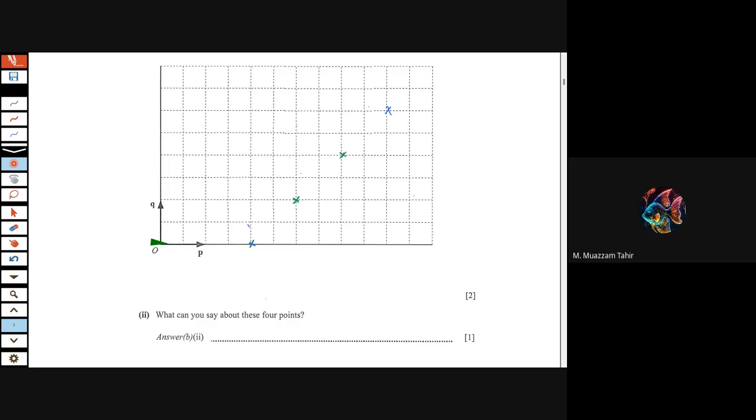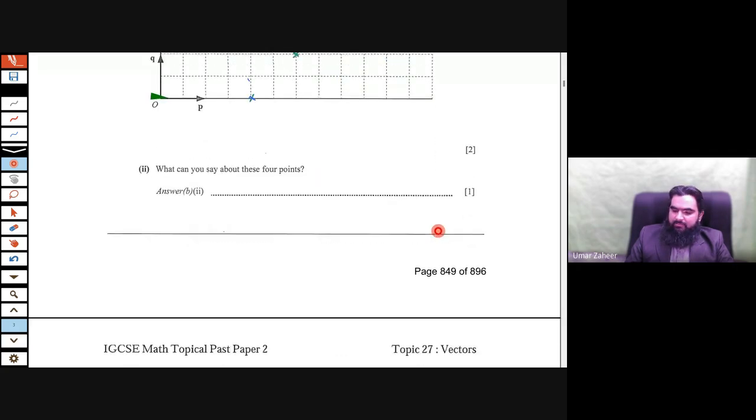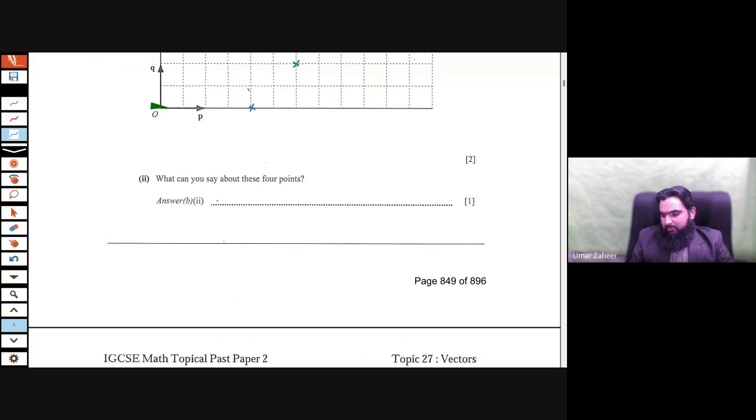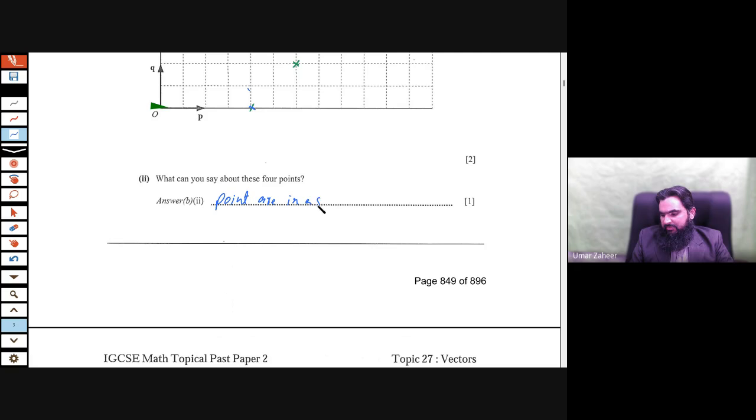Constantly increasing. Yes, it is constantly increasing, or in other words, we can say that they are proportional, or in a straight line with positive gradient, because it is moving upward, so you can say that it is positive gradient.